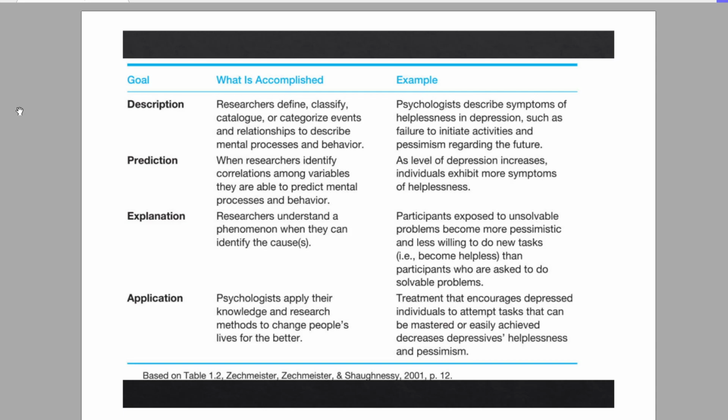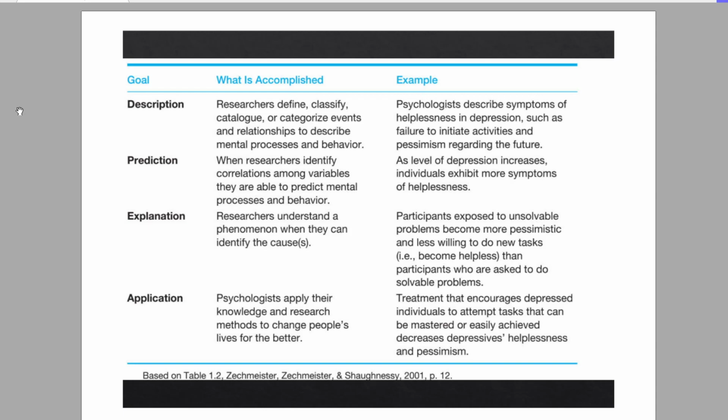And then explanation, researchers understand a phenomenon when they can identify the cause. So participants exposed to unsolvable problems become more pessimistic and less willing to do new tasks, so become more helpless than participants who are asked to do solvable problems. So that would be an experimental design, because they're asked to do something different and you're controlling what they're being asked to do.